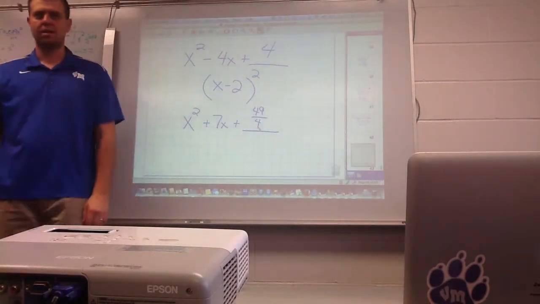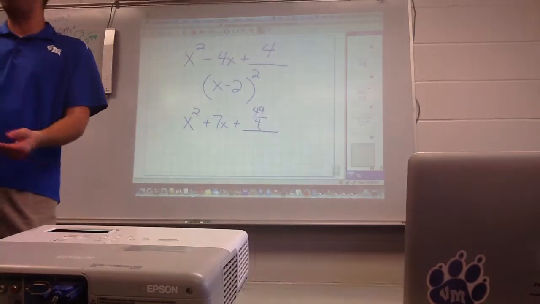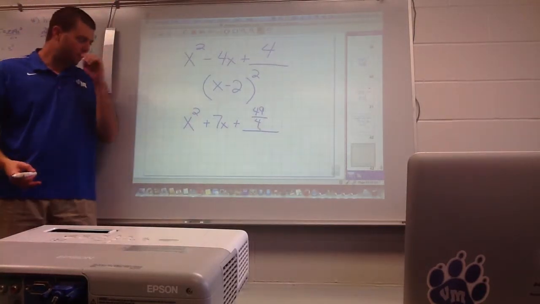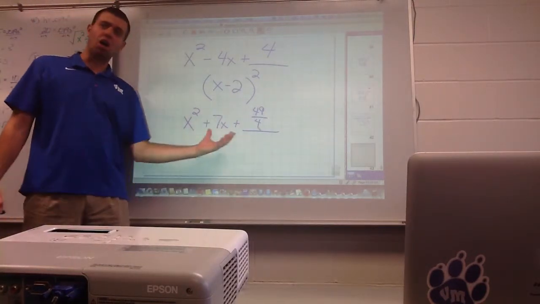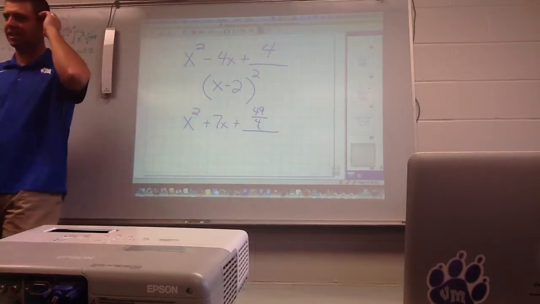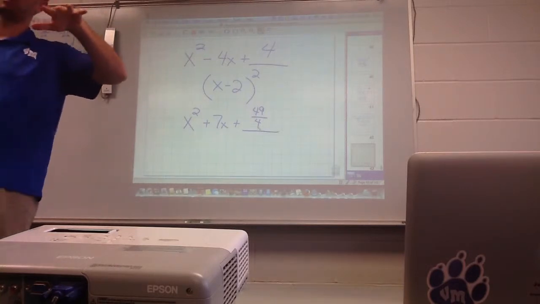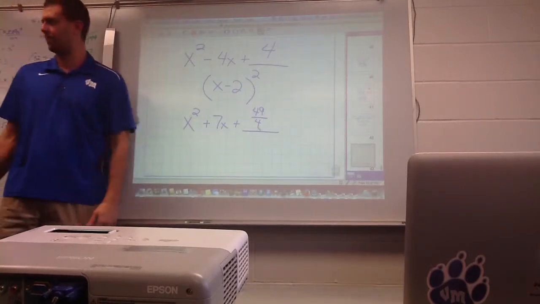49/4. Is it wrong if you write 12.25? No. Is it wrong if you write 12 1/4? No. But when it comes to solving these, eventually, you're going to want them in fraction form and not decimal form, because decimals don't simplify underneath radicals. You can't have decimals under radicals when you're simplifying.